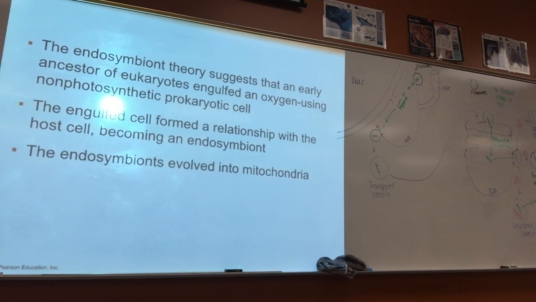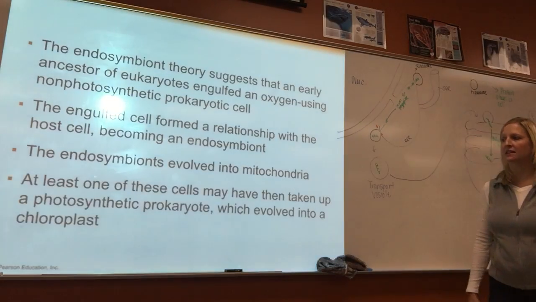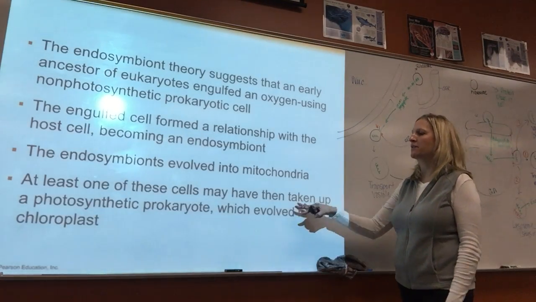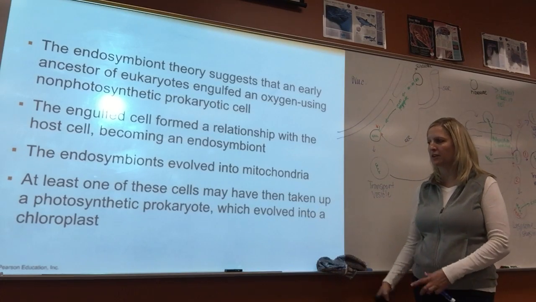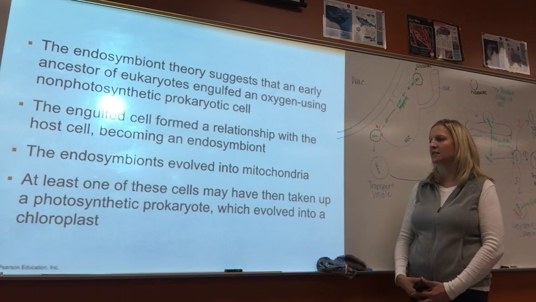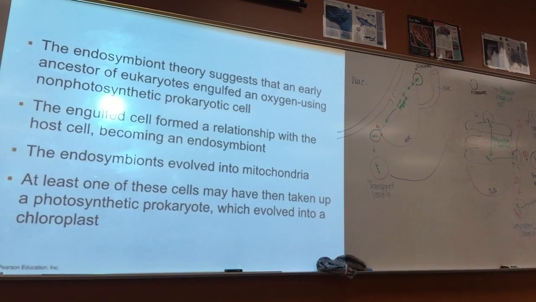And these are what became the mitochondria inside the host cell. Then something similar happened with the chloroplasts. At least one of these cells may have then taken up a photosynthetic prokaryote, so a free-living organism that does photosynthesis, which then became part of the cell and became what we now know as the chloroplast.